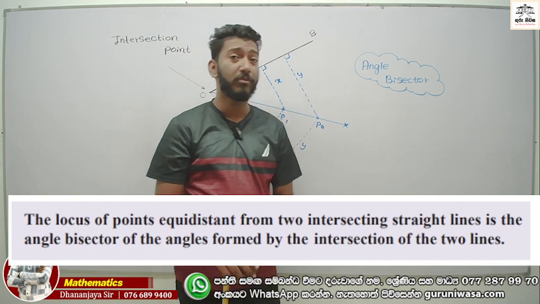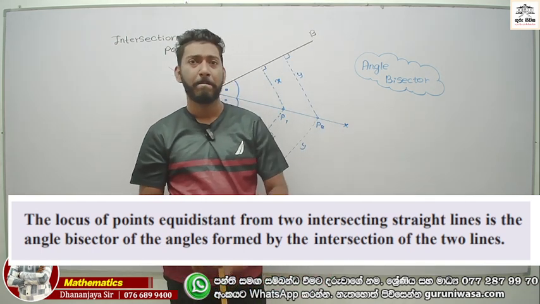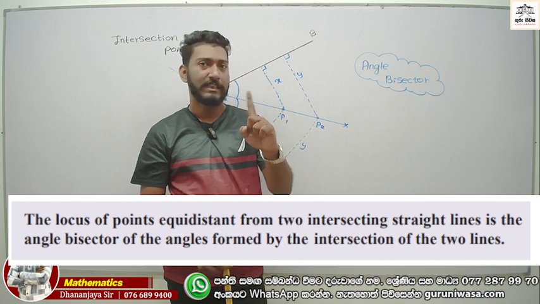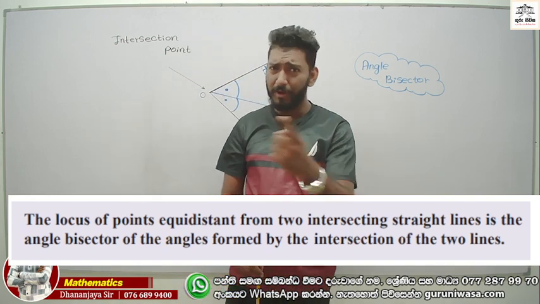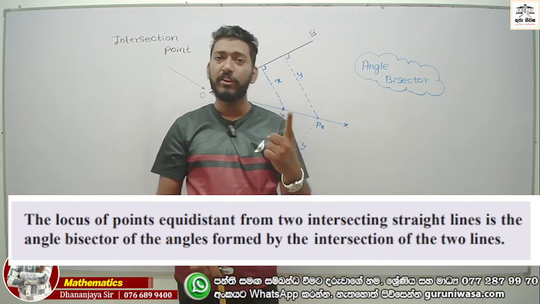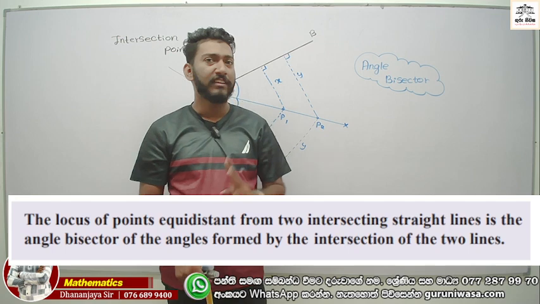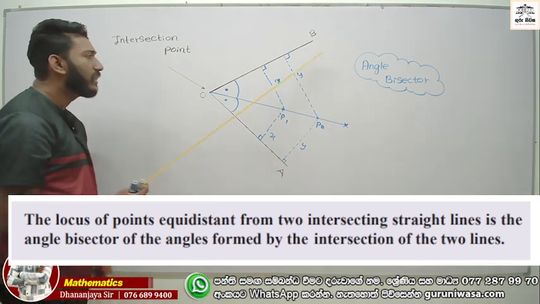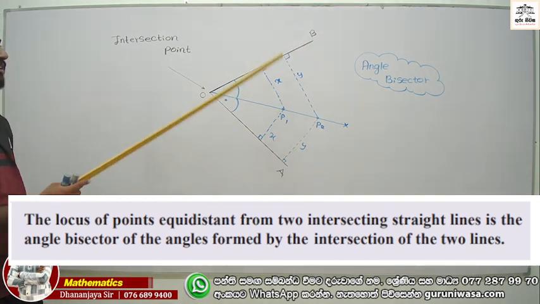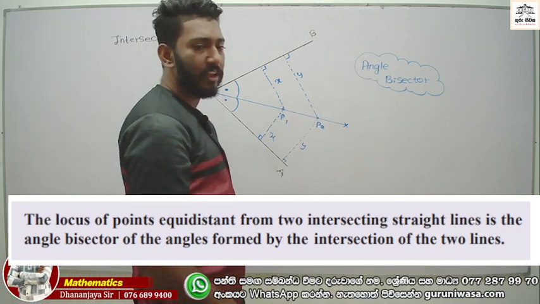How many locus points are there? 4. First one, equidistance from a point, circle. Equidistance from 2 points, perpendicular bisector. Equidistant from a straight line, parallel lines on either side. And the fourth one, equidistant from two intersecting straight lines, angle bisector.